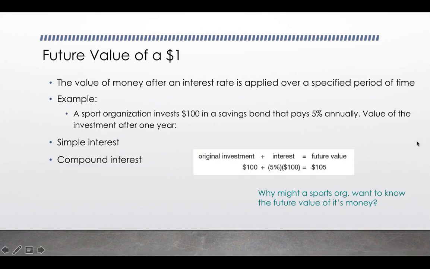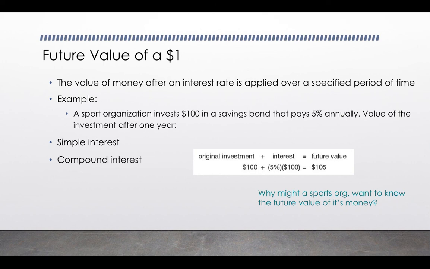Okay, so let's start with the future value of a dollar. When we think about a future value of money, we're not only looking at potential loss of spending power over time, which is what we did when we examined inflation in the last video, but we can also account for gains in regard to interest payouts. So we calculate future value of money by looking at the interest rate applied over a period of time.